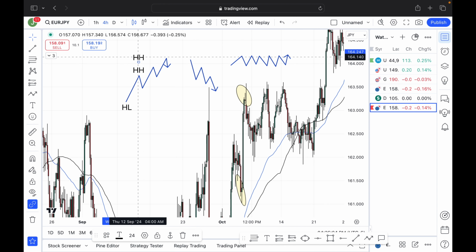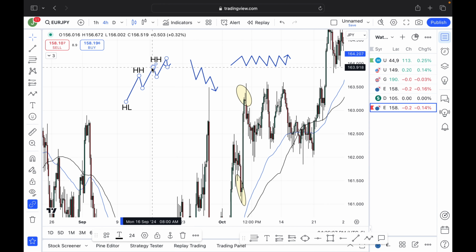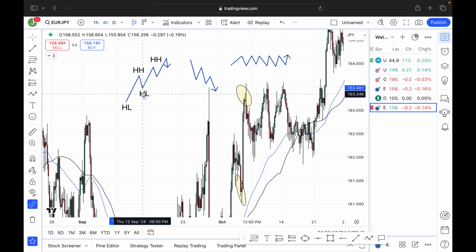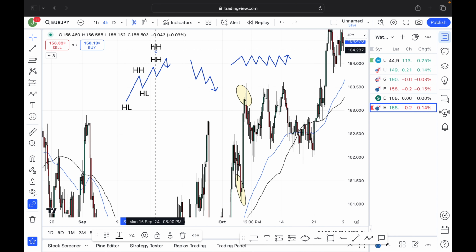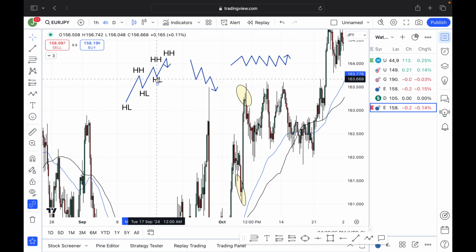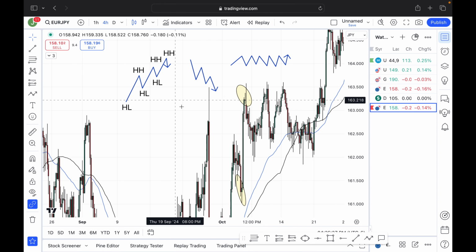So this has to happen before I can consider this a higher low. So once that happens, now this becomes our new higher low, right? Then we create a new higher high right here. And we have a new higher low.